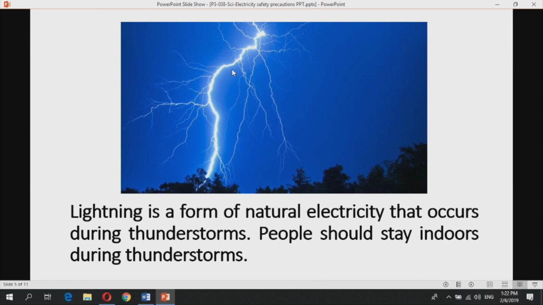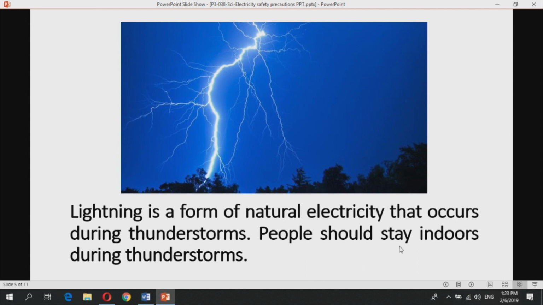Does anybody know what this is? This is called lightning. Lightning is a form of natural electricity that occurs during thunderstorms.